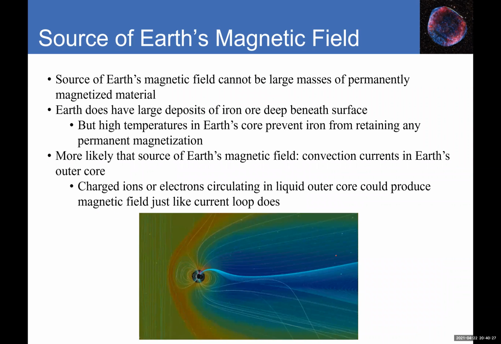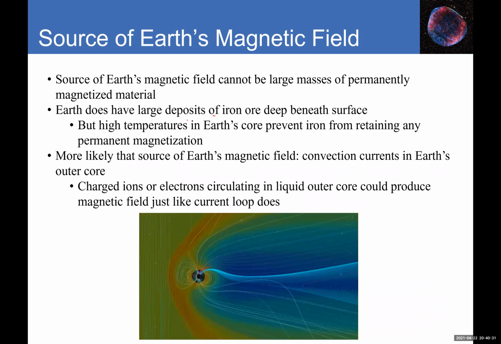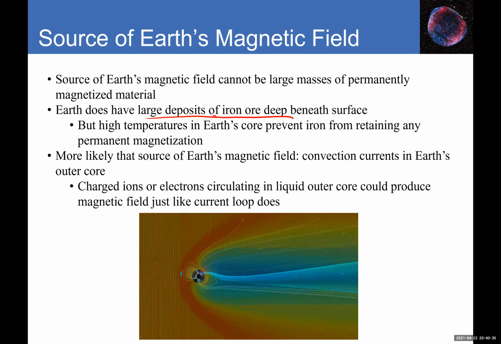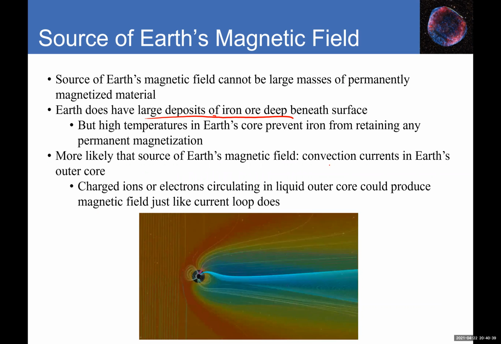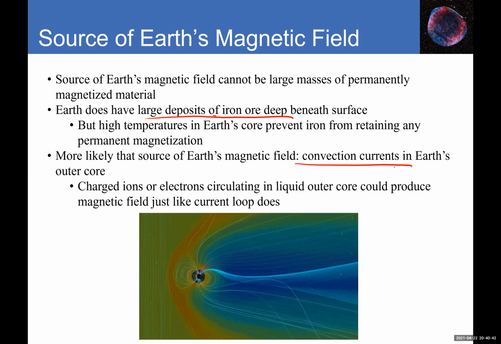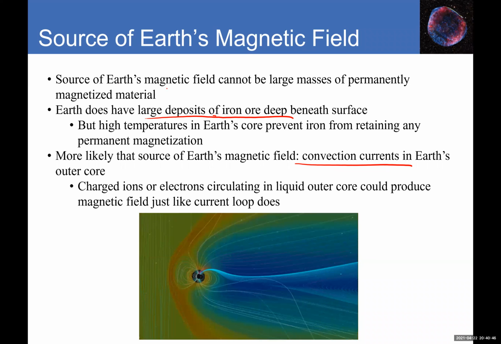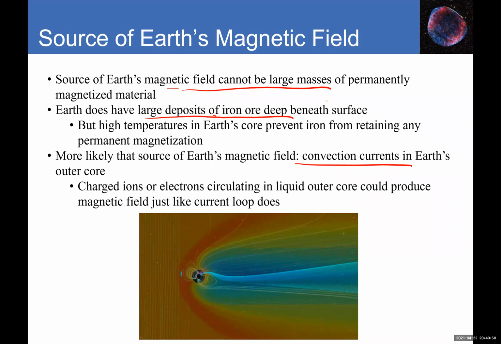But there are several sources that we can think of. So one of them is iron. There are large deposits of iron ore deep beneath the surface. But there's also convection current in Earth's outer core. That means we think that there's a combination of those. So you can see, right, the source of Earth's magnetic field cannot be large masses of permanently magnetized material.